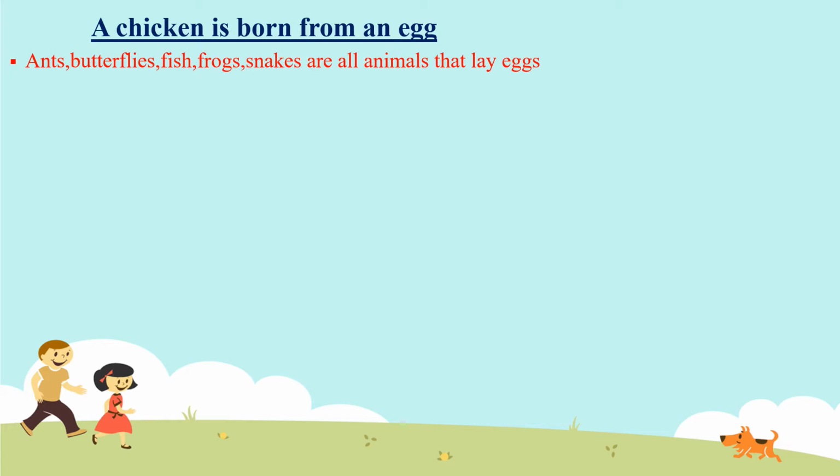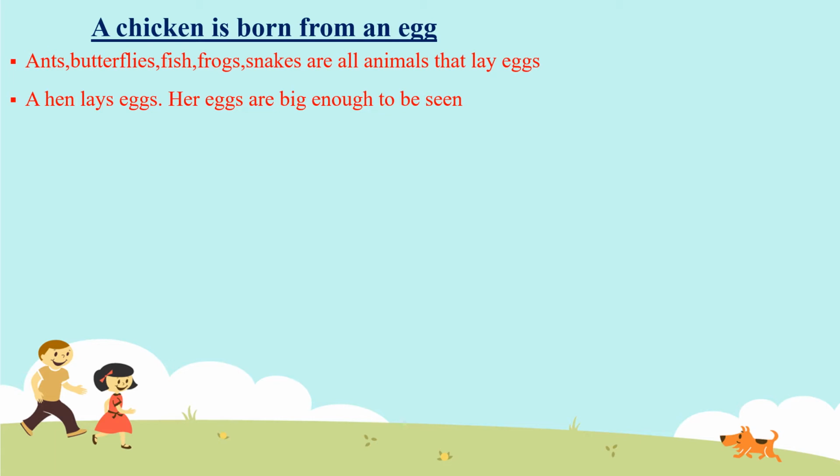Therefore, we hardly notice them. We do not even come to know that these animals lay eggs. But we surely know that a hen lays eggs. How? Because her eggs are big enough to be easily seen.